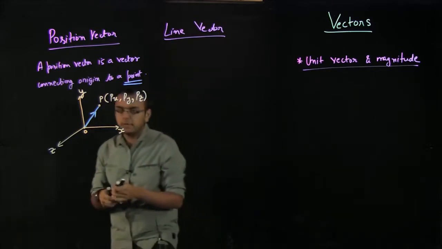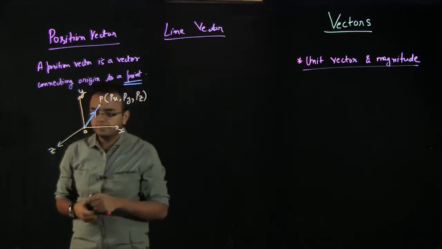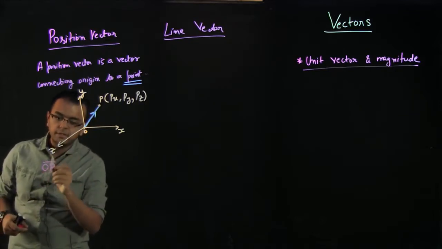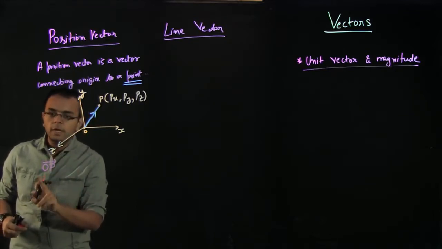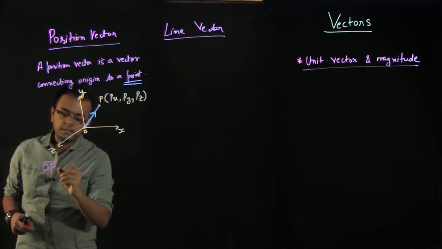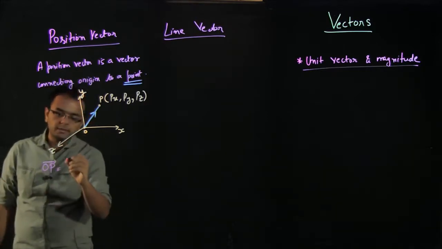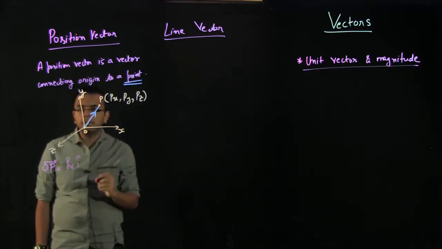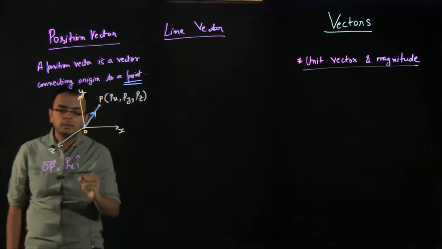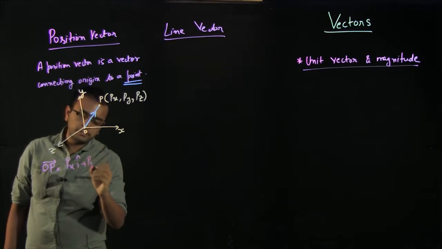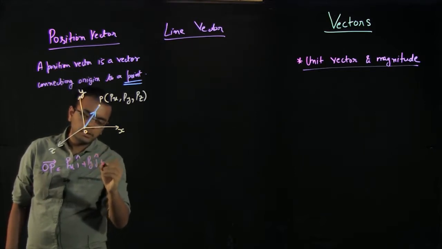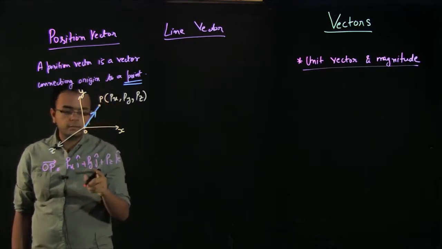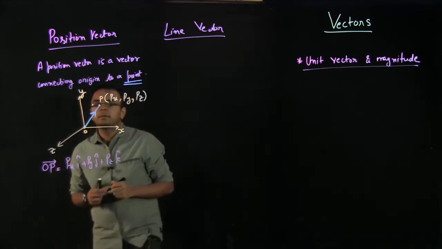For instance, if you have OP vector, then the vector will start from O and end at P. In this case OP vector actually means Px i cap, I hope you are familiar with i cap, i cap means the direction in the x-axis, plus Py j cap plus Pz k cap. So x-axis, y-axis and z-axis.